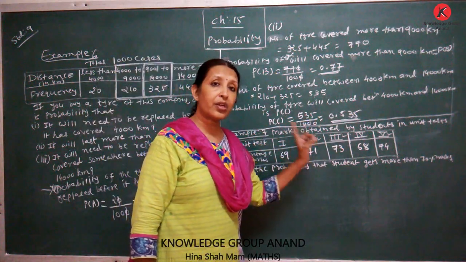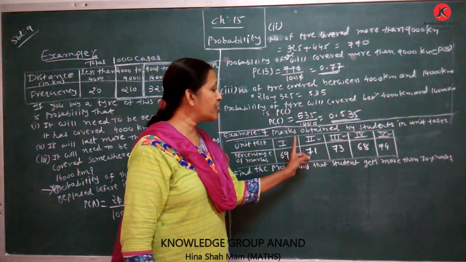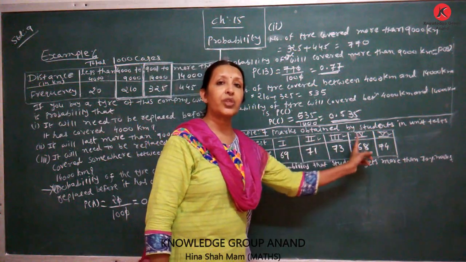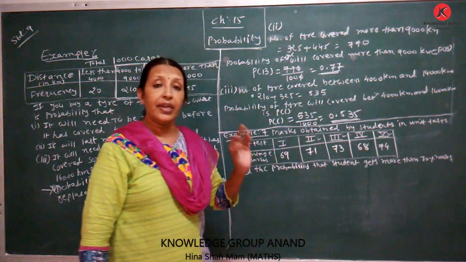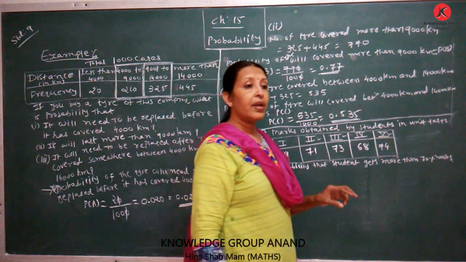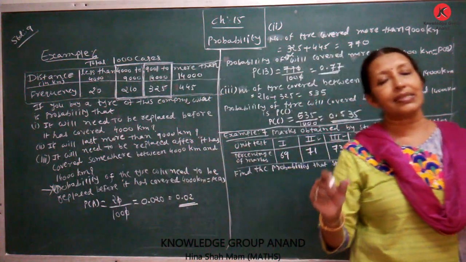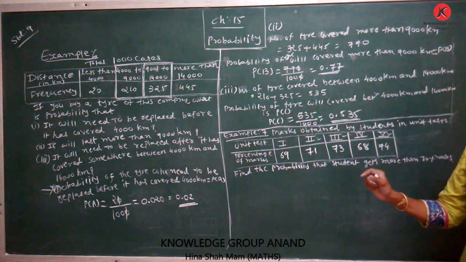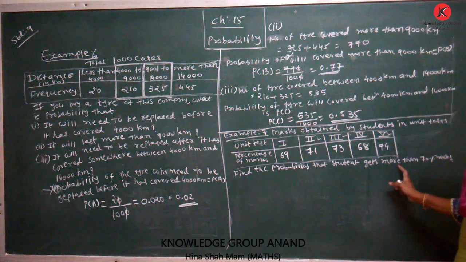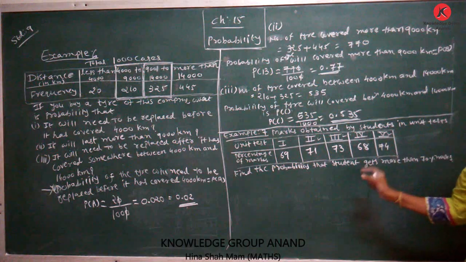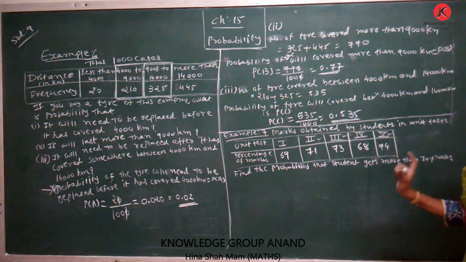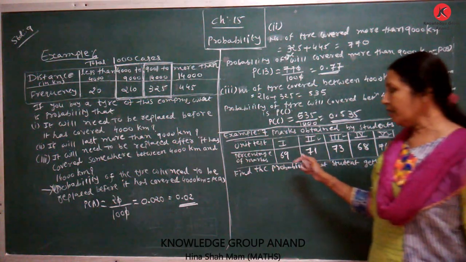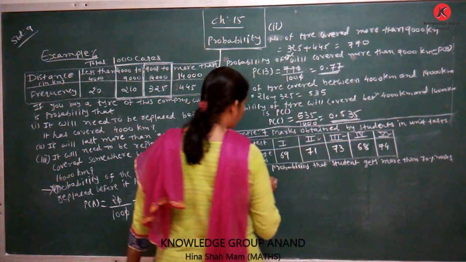How many total tests? Total tests is equal to 1, 2, 3, 4, 5. The student gets more than 70% marks in 3 tests out of a total of 5 tests. The probability of getting more than 70% marks is equal to 3 upon 5. Okay, we write here.